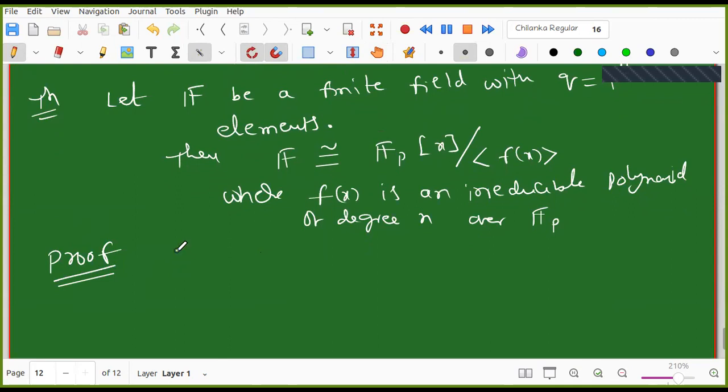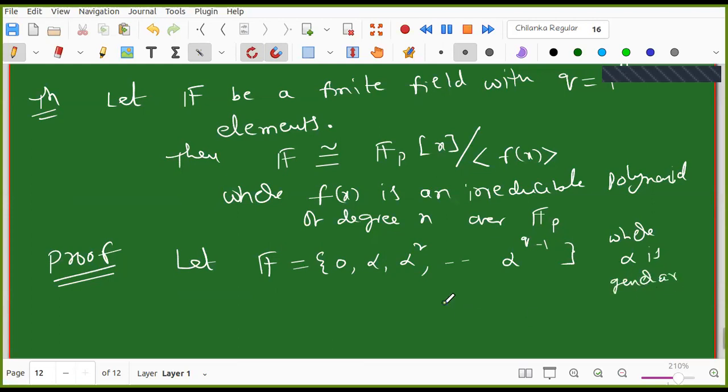Okay, so let F be equal to 0, alpha, alpha square, up to alpha power q minus 1. This is one way to write the field. Here alpha is a generator.